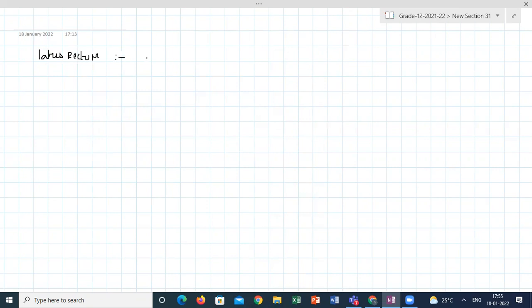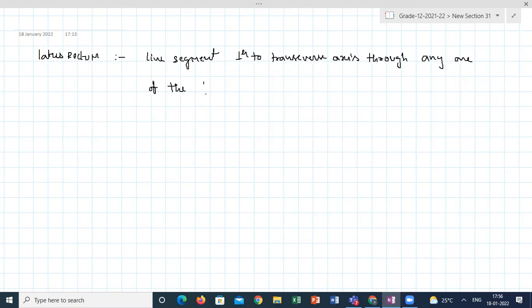Sir, a line segment perpendicular to the major axis, the transverse axis, through any one of the foci, and whose endpoints lie on the hyperbola.